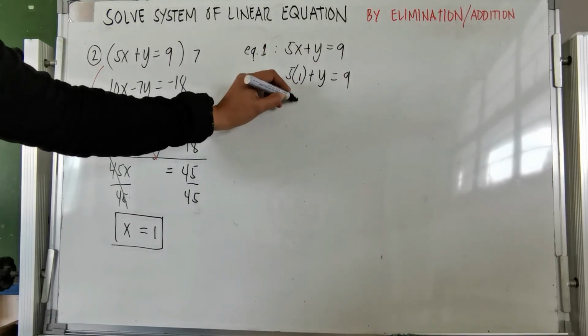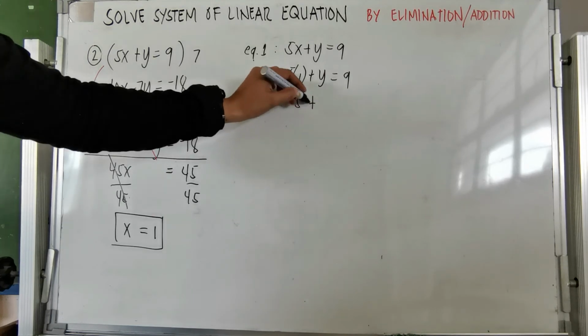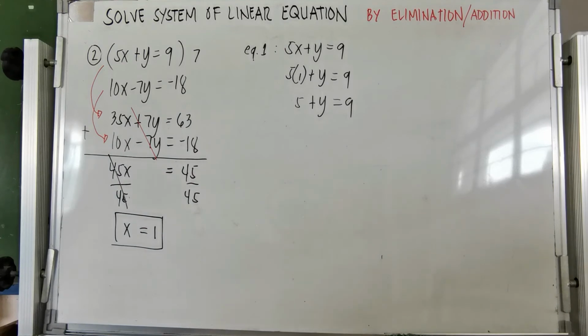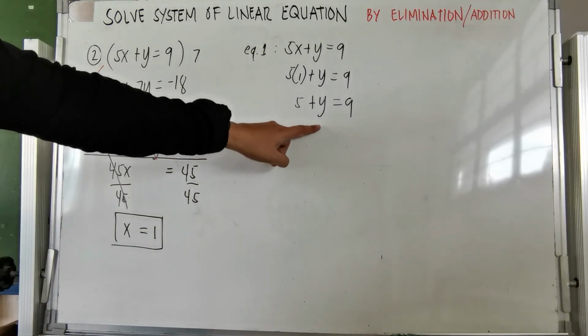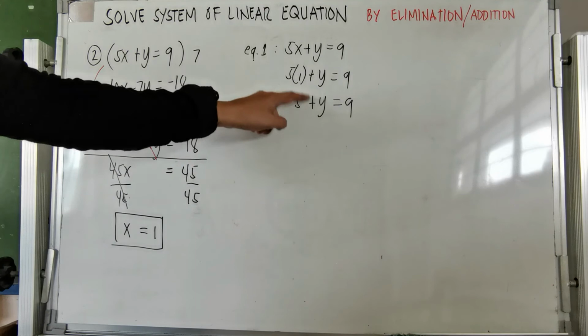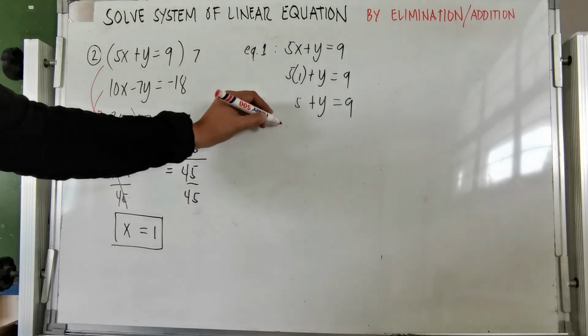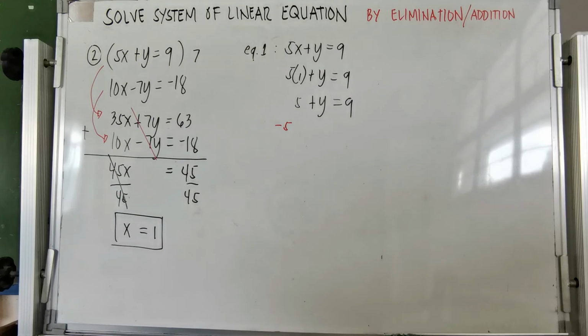Then, 5 plus y equals 9. To get the value of y, kailangan maalis ko to dito. So, ano ang additive inverse ng positive 5? We have negative 5. So, i-add natin siya both sides by negative 5.